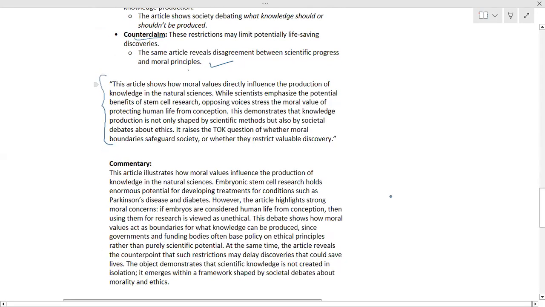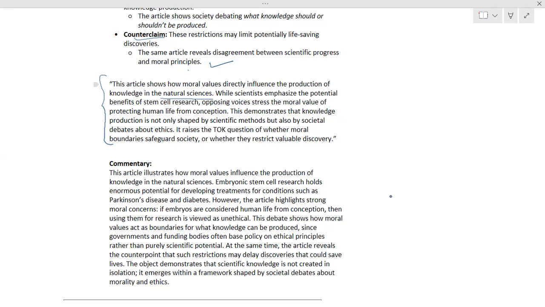The article shows how moral values directly influence the production of knowledge in the natural sciences. We are talking of experimentation in science. So it is talking about production of knowledge in the field of natural sciences. While scientists emphasize the potential benefits of stem cell research, there are opposing voices which stress the moral value of protecting human life from conception.